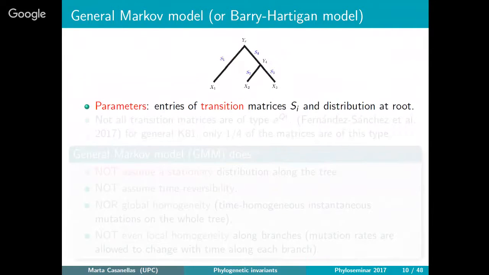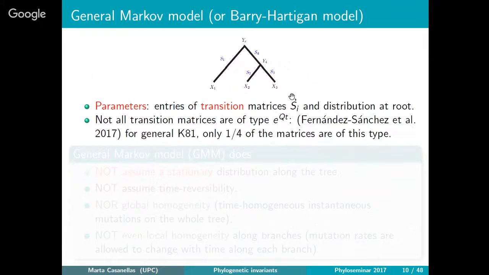On the other hand, the general Markov model I was presenting, the parameters are the entries of the transition matrices and the distribution at the root, not the rate matrices. And in general, not all substitution matrices are of this type.